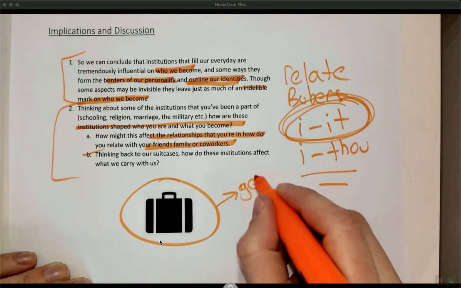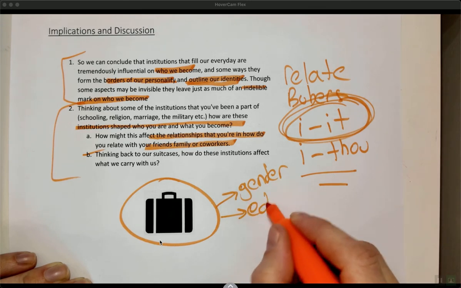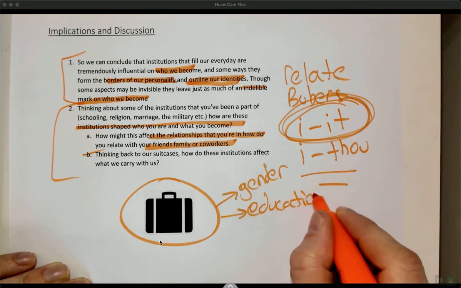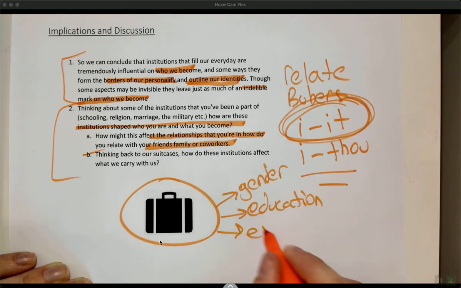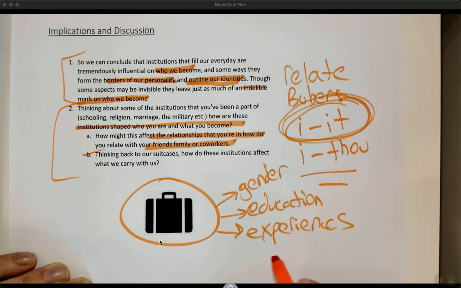You could also think about this back to our suitcase and our baggage. So things like gender, education, experiences, things that we brought with us. And in this case, we could even add what institutions we've been a part of.